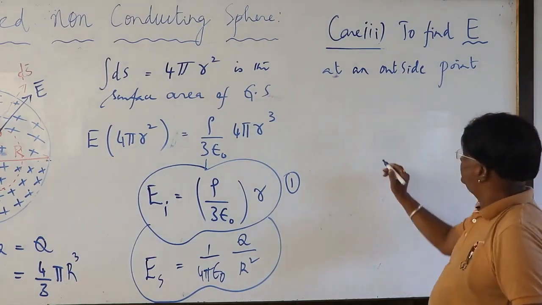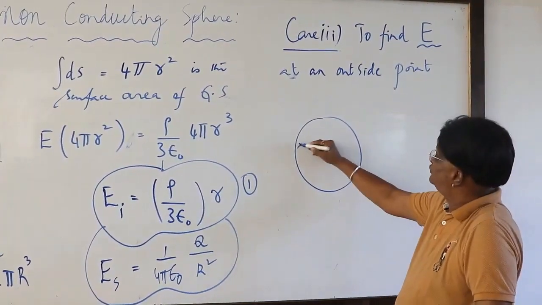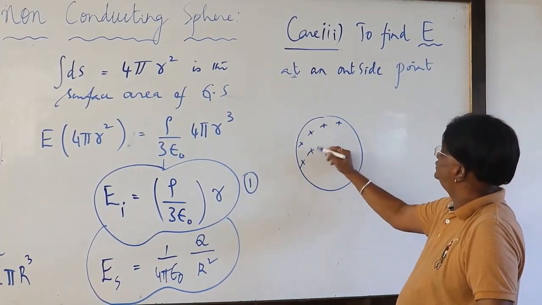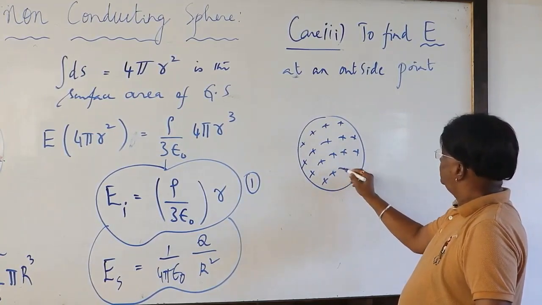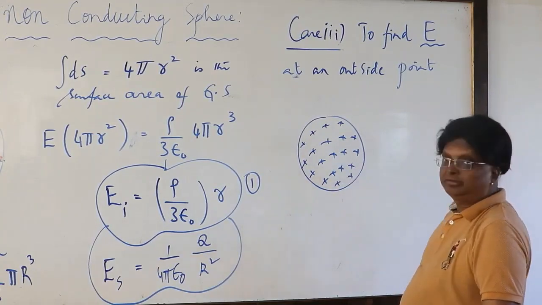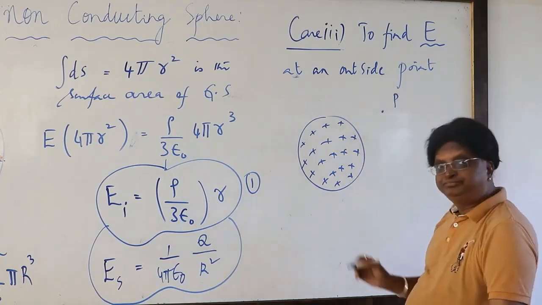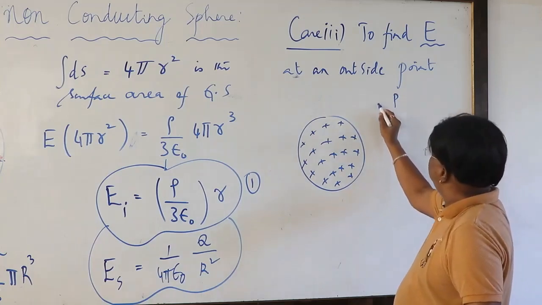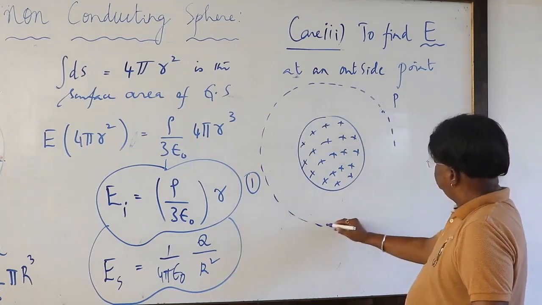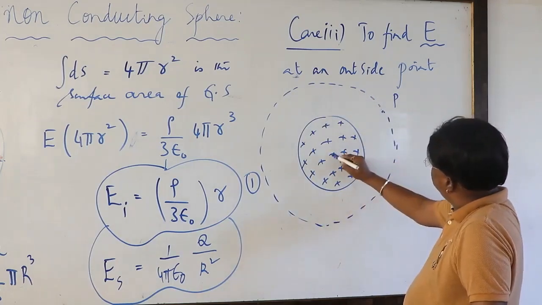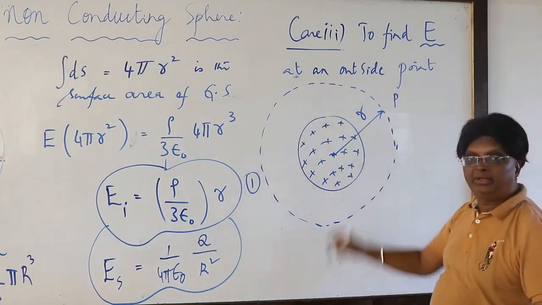Therefore, to find this, see, this is the volume distribution as I have shown, a uniform distribution. Earlier we considered the cases of a point inside and on the surface. Now here it is the point P, and then again the Gaussian surface, a sphere of radius small r, because this is the distance small r, again taken from the center.